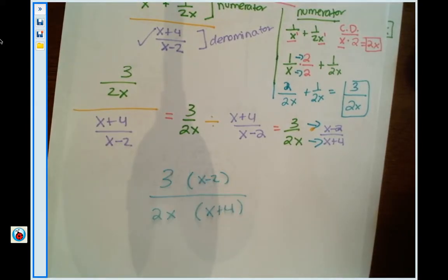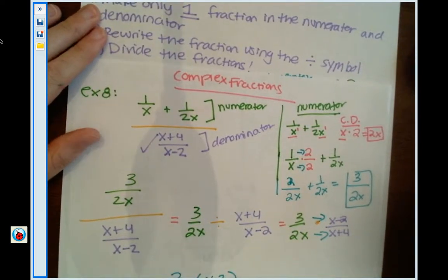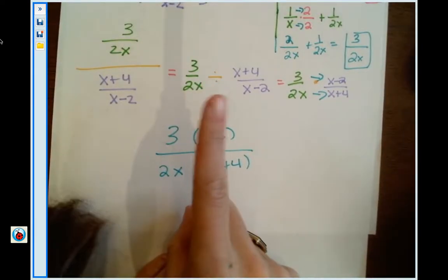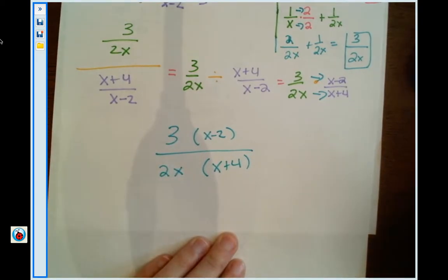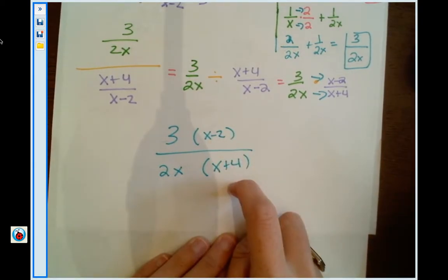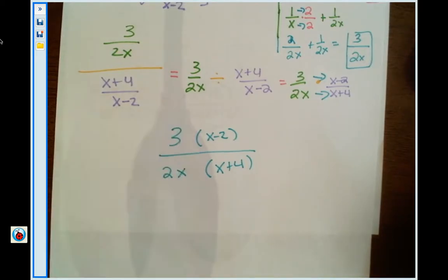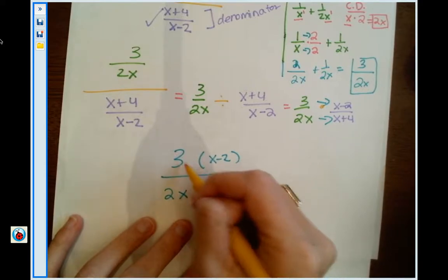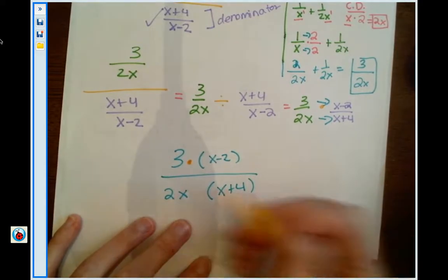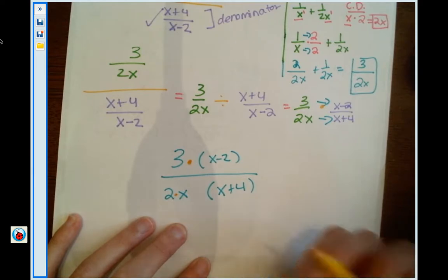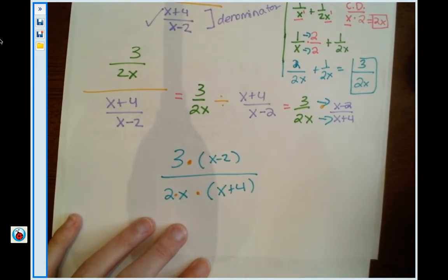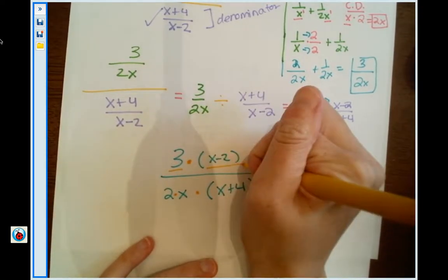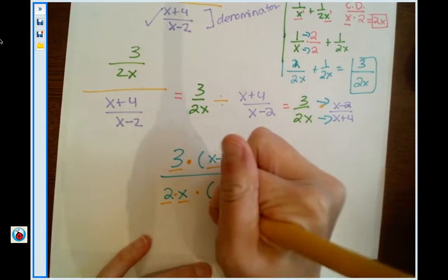Alright, guys, and the last step is to divide out anything that we see that's in common. Remember, we can only cross out things that have multiplication in between. If I see any addition or subtraction, those things are illegal to cross out. So the things I'm allowed to cross out are a 3, an x minus 2, a 2, an x, and an x plus 4.